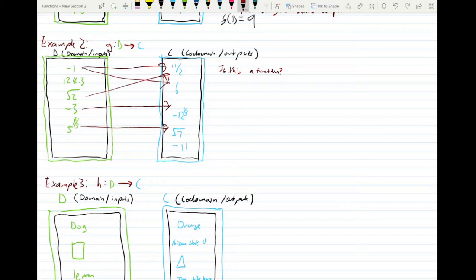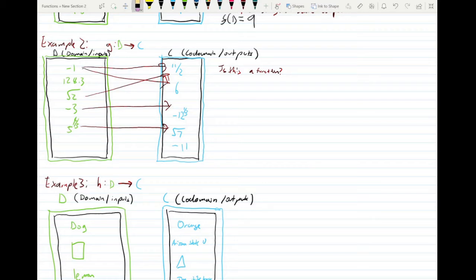What do you think? Okay, the correct answer is that this is not a function because 1 goes to two different values. It goes to 11 over 2, my bad, and it also goes to 6. It's also not a function because 128.3 doesn't have an output value.